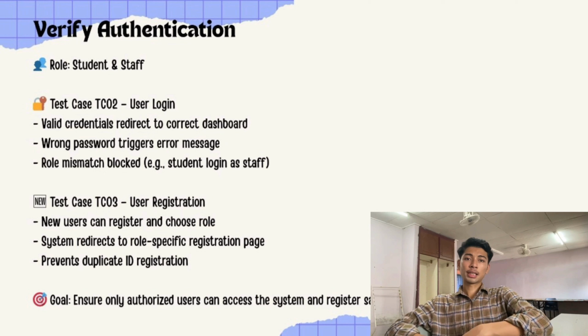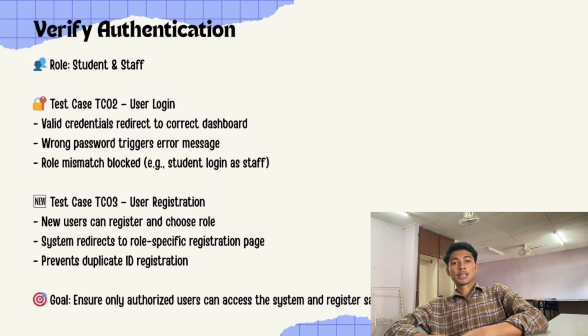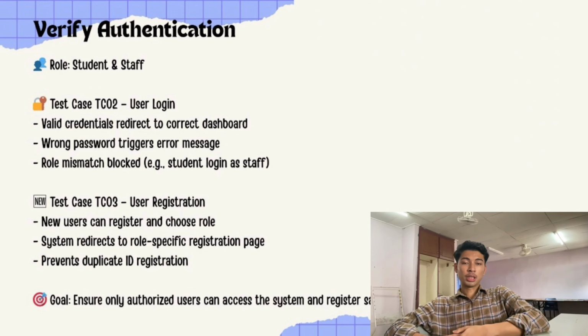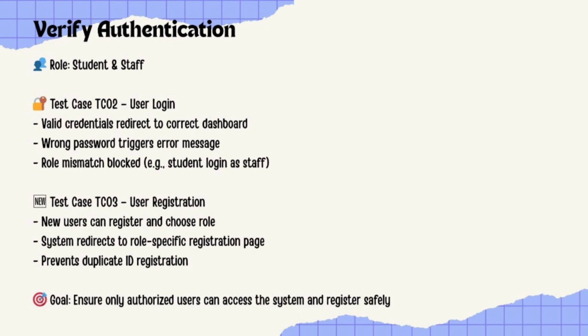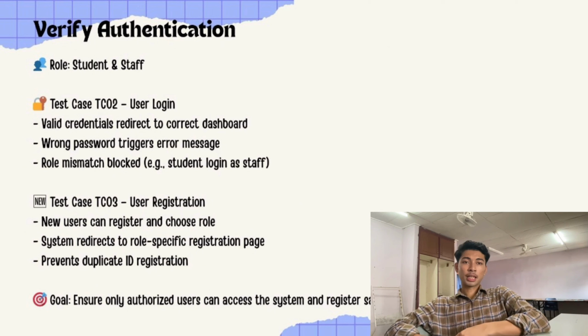We also test invalid login attempts, such as entering the wrong password, missing fields, or incorrect roles, and confirm that the system displays appropriate error messages. Registration was tested to ensure that new users are properly redirected to student or staff profile forms after signing up. We also confirmed that duplicate user IDs were blocked.